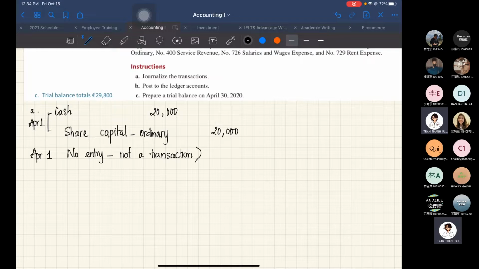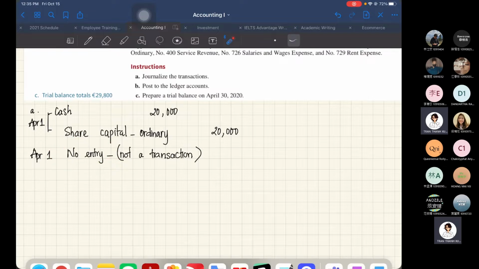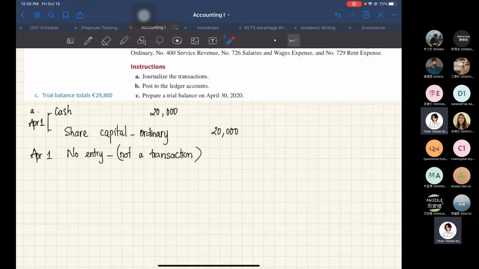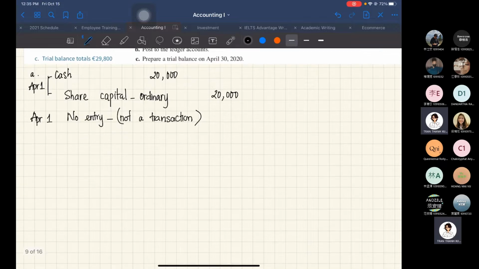This one, not a transaction, is optional. You can write it or not, but the thing is no entry. Don't leave it blank, otherwise you will lose some points. Okay, this one was number one.